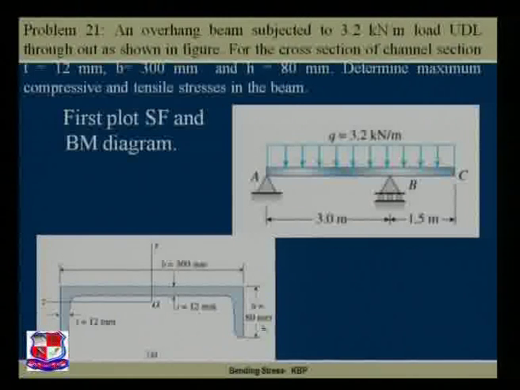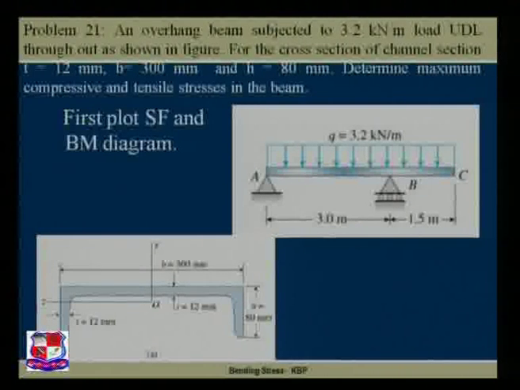Means the cross sectional dimensional properties of the channel section are known to you. Determine the maximum compressive and tensile stresses in the beam. I have to determine the maximum compressive and tensile stresses in this particular beam.